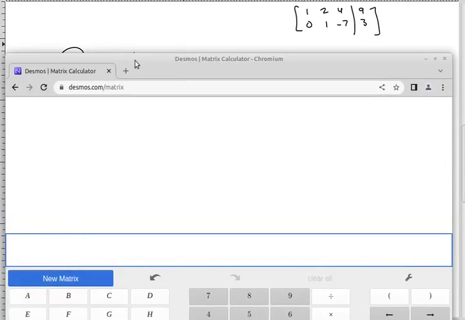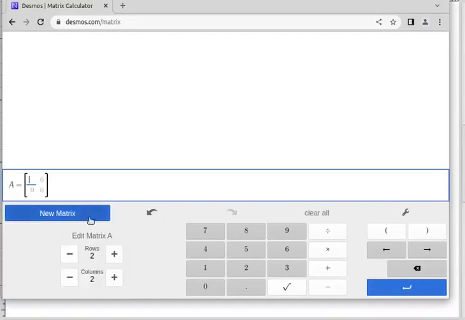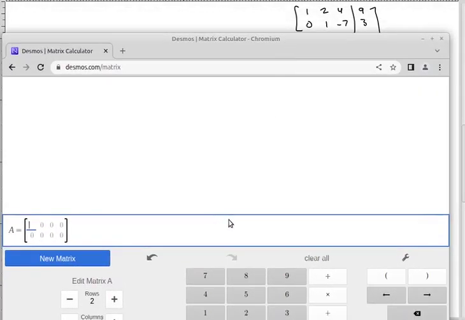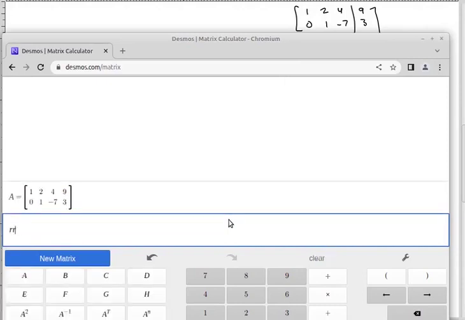Okay, so yet again, new matrix. This is going to be a 2 by 4 though. So that's what I'm going to put in. RREF of A, and there we go. That does not mean that it's a good answer. Well, okay, it's true, but I don't know.